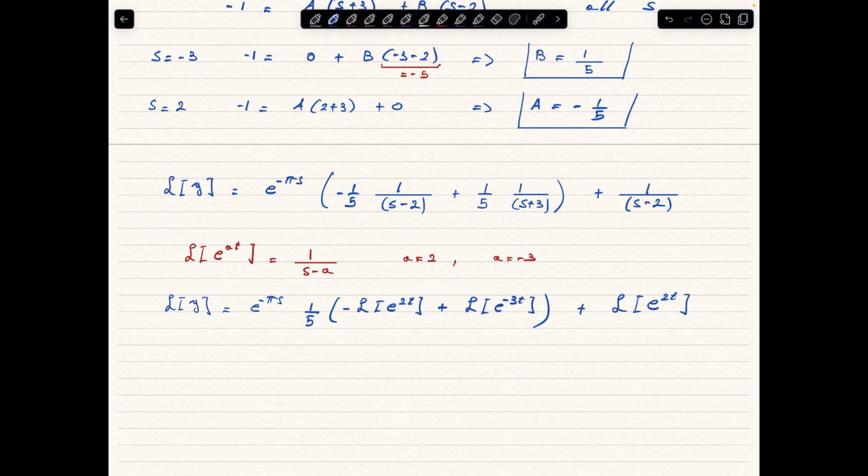So what do we do now with this exponential?